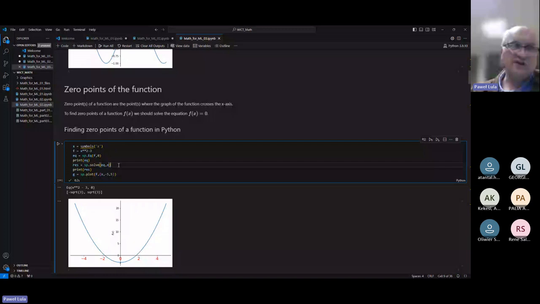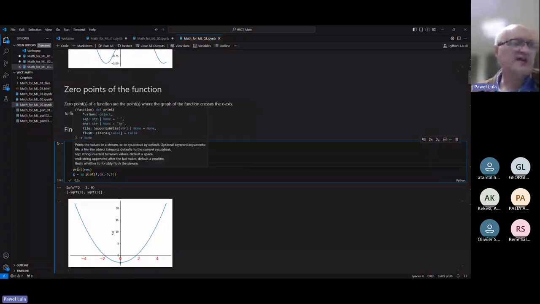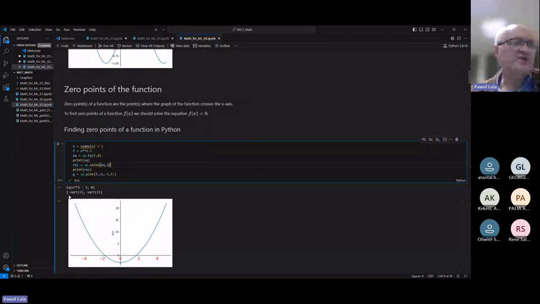This equation, which is defined here, is the first parameter. And as the second parameter, I must define an object which I use as an unknown value. So in my case, x represents an unknown value. I solved it, and the results I assigned to the res object.